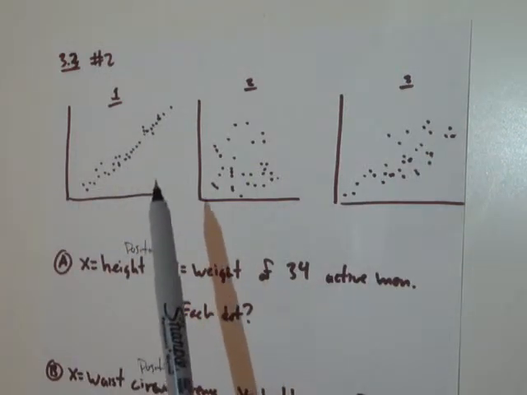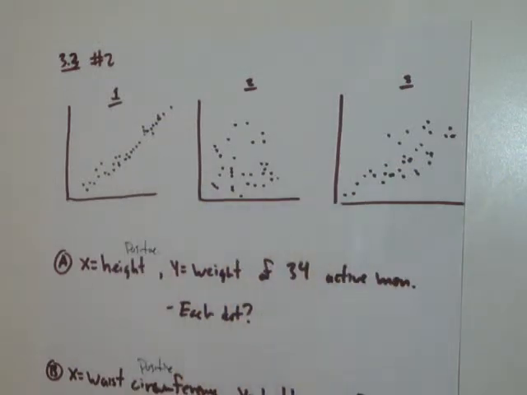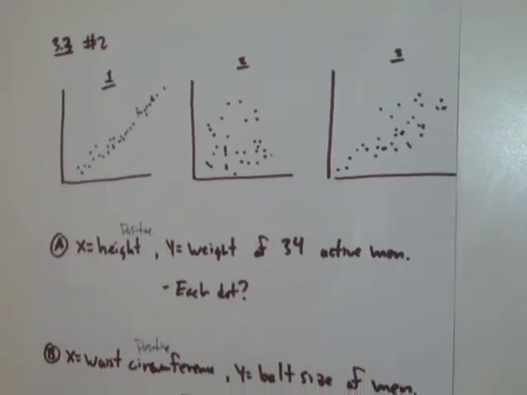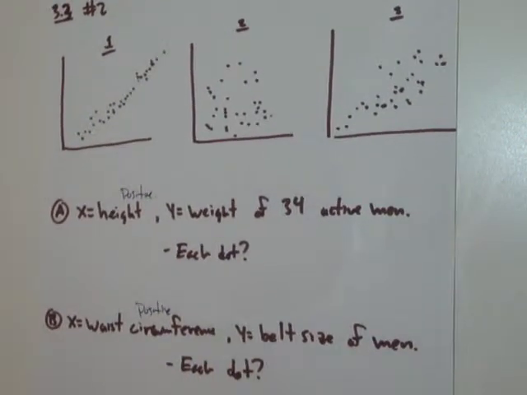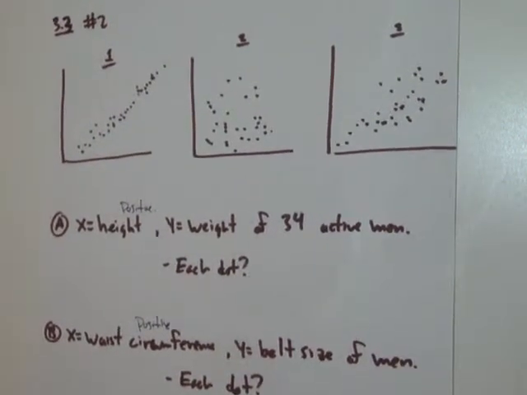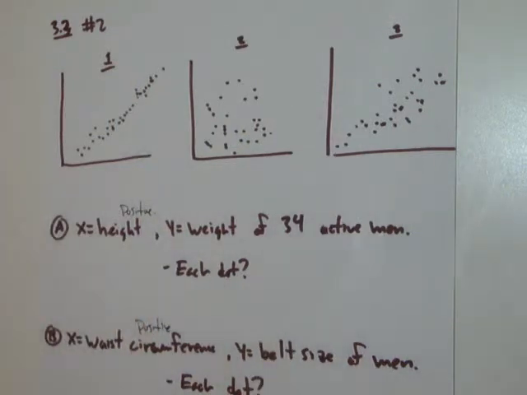So the question becomes now, which one is a stronger relationship? The height and weight, or the waist circumference and the belt size. And this one there's a little bit of logic. We've got to think for a second, which one is more closely related to the other? So if I knew the height of a person, how closely could I guess their weight?